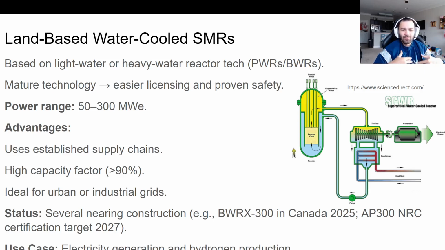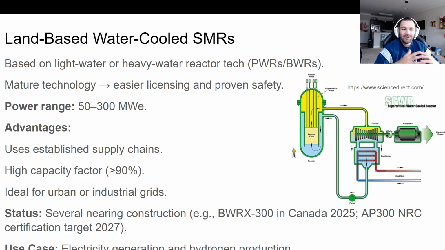Those are more of a legacy type design. Like I said, it's an older technology, but it's being used in newer ways. The technology is improving, right? But you're improving on old technology, so it's easier to get licensing, and there's more data on what is safe and what is not safe.